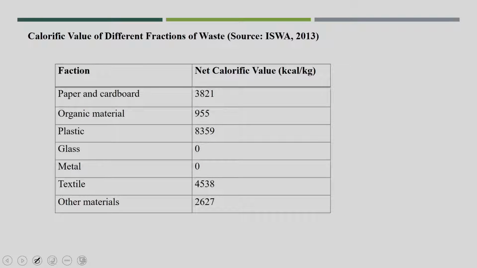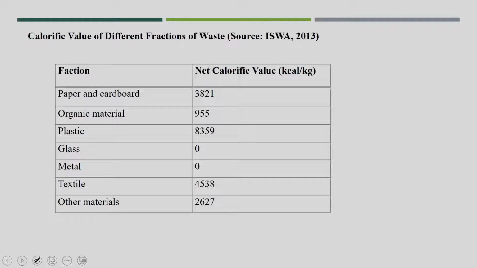Another table you see was given by the International Solid Waste Association in 2013, showing the different fractions of waste and their net calorific value. Paper, plastic and textile have very high net calorific value, but organic material is very low, just 900 kilocalorie per kg.